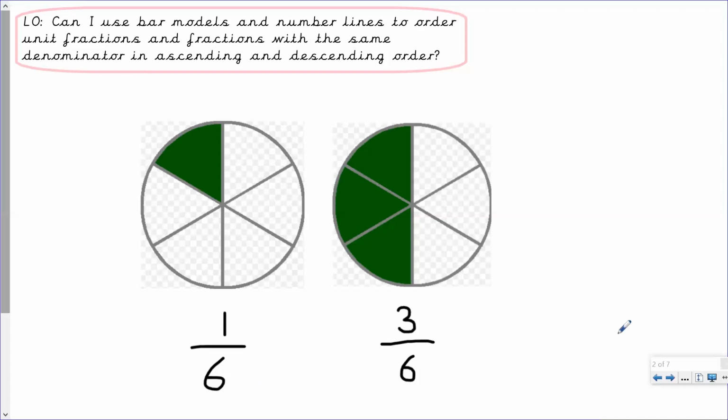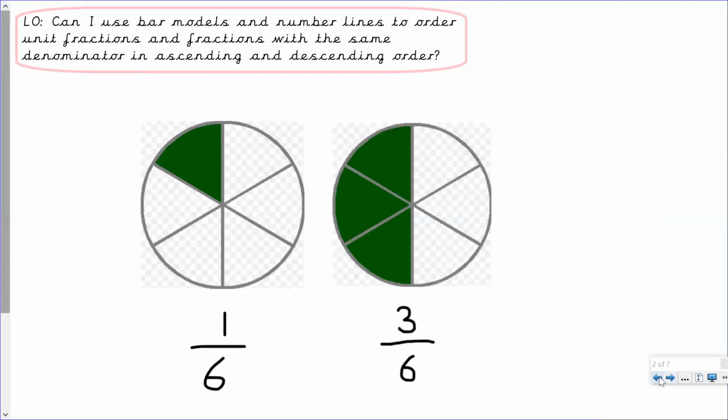So now that both our shapes are divided into the same number of equal parts, which fraction is larger? Well, we can see that 3/6 is larger than 1/6 because 3 parts out of the 6 are being considered.